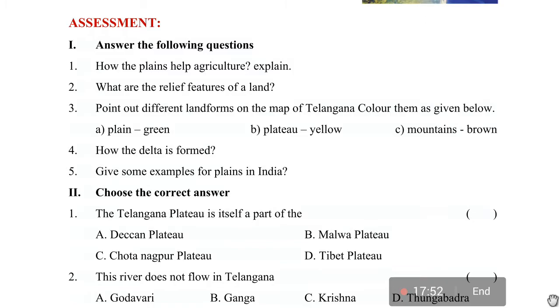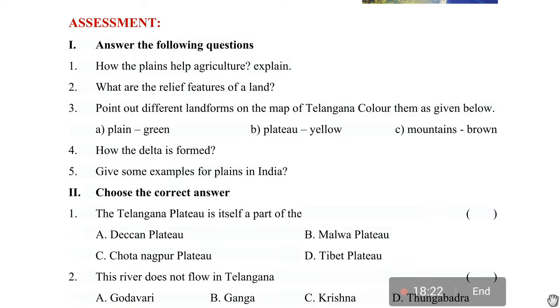But apart from these, other relief features also exist on the land, such as volcanoes, valleys, and canyons. But mainly three relief features: mountains, plains, plateaus. These three are the very important relief features on land.